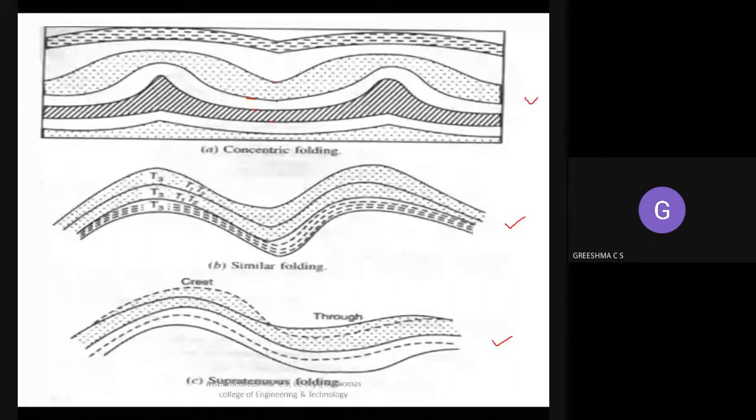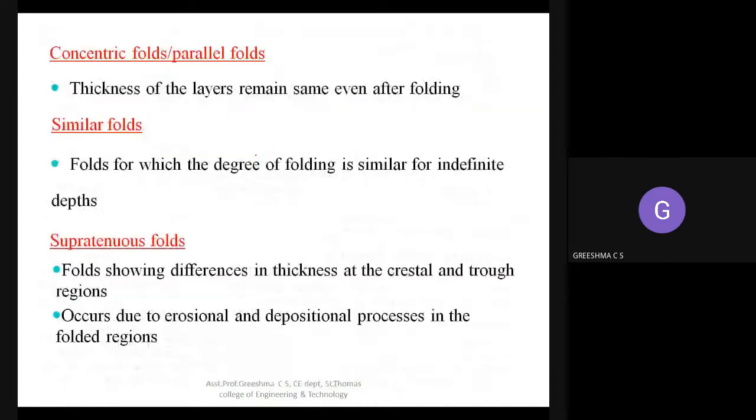Such folding is called concentric folding. When a force is applied, the rock will form into a bend shape, and that bending is called folding. During this bending, if the thickness is constant, it is called concentric folding. It is also called parallel folds.